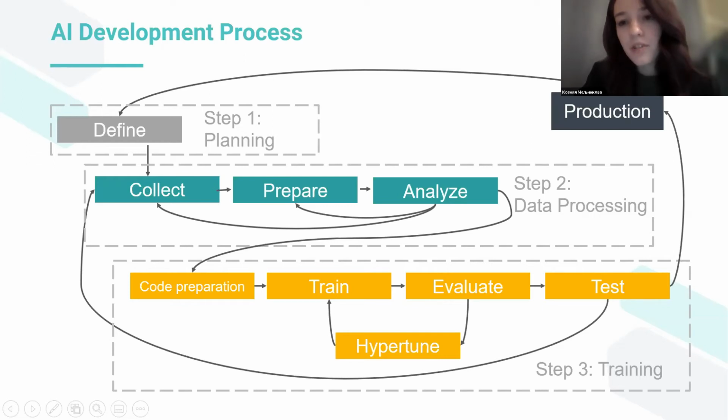After the production step, you can also analyze the results, monitor your model, and go back to the define step to understand what we need more. Maybe we need more features, or maybe we need to collect some new data. So as you can see, this process is also iterative, and it looks like we can implement agile here, right?